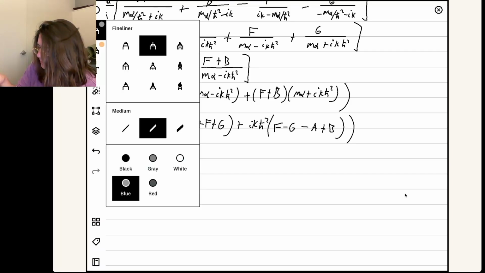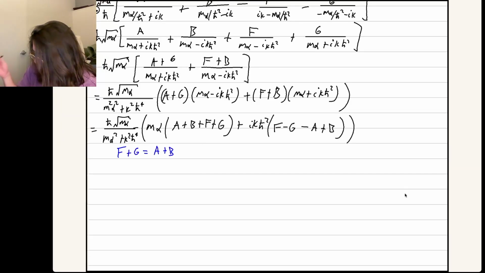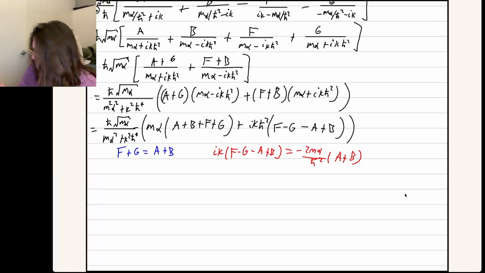But then the condition that the wave function has to be continuous at the boundaries gives rise to this equation here. Now, this one I'm actually going to massage a little bit just to make clear what I'm actually doing with it.